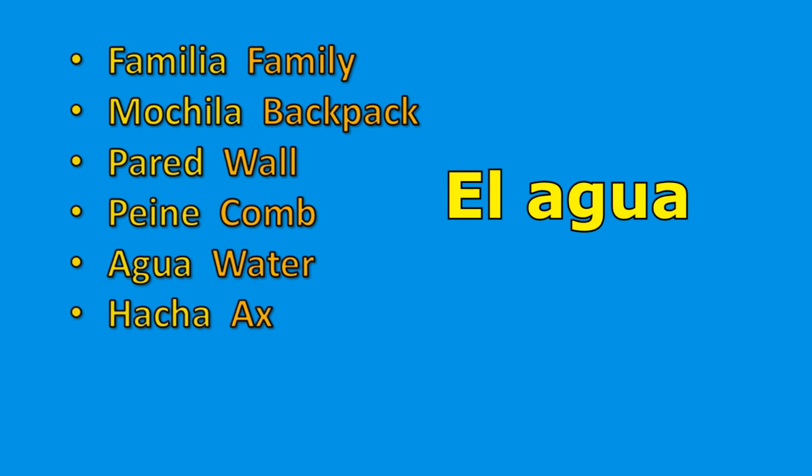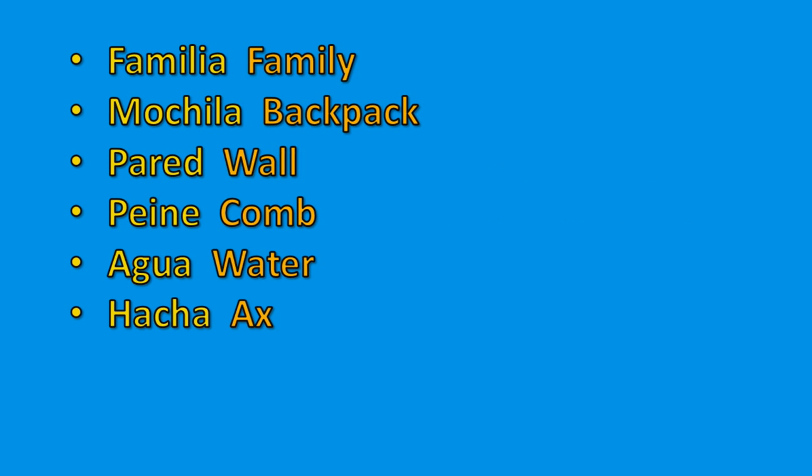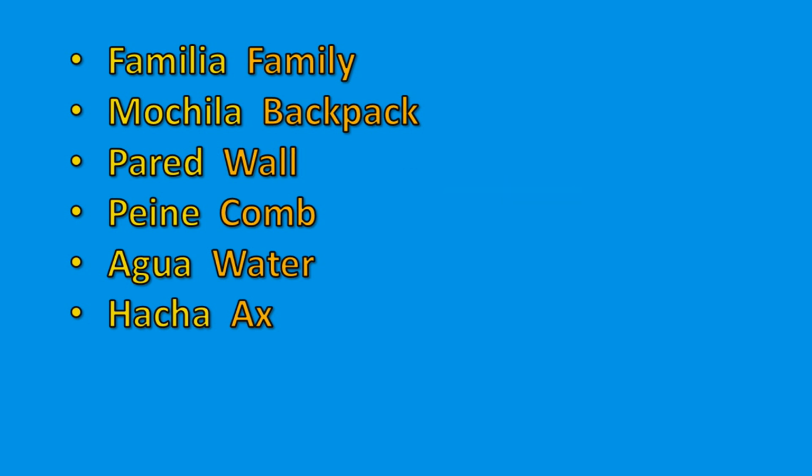Despite it's feminine, I choose the masculine definite article, and I say el agua. However, if I want to make it plural, it becomes feminine again. It takes its real nature. So I say las aguas when it is plural.